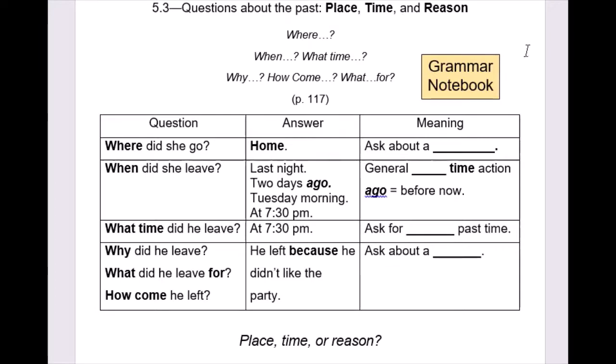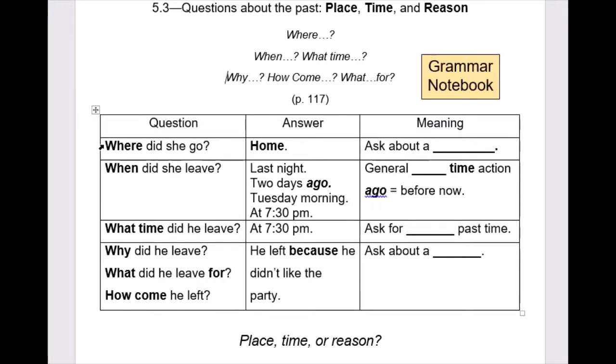So in your grammar notebook, this is on page 117 in your book. We will practice where again, and when, and what time. Also, we will practice why, how come, and what for. Okay.